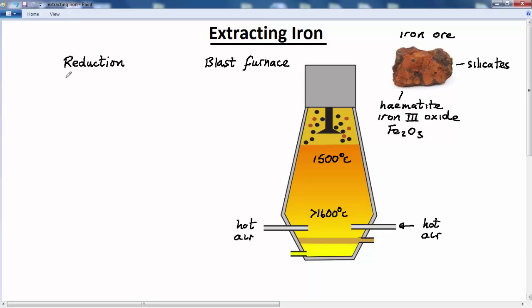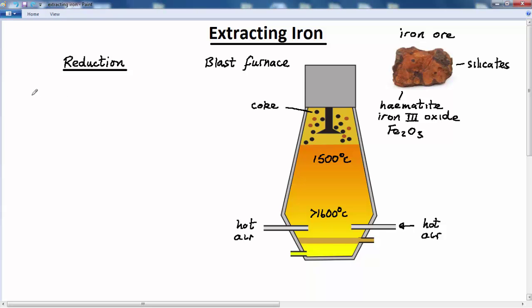So let's look at the process of reduction. As I said earlier, we're mixing iron ore with coke, and coke is a pure form of coal or carbon. So what will happen is, first of all, the hot air injected into the furnace here will burn the coke. That's to say the carbon in the coke will react with oxygen to produce carbon dioxide.